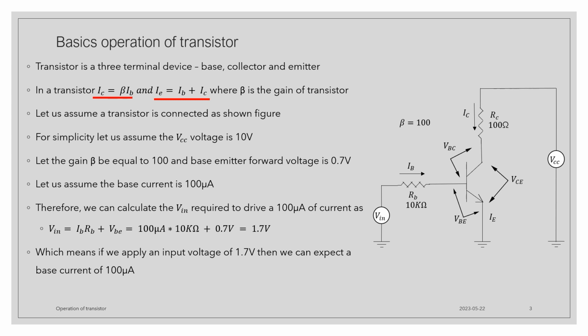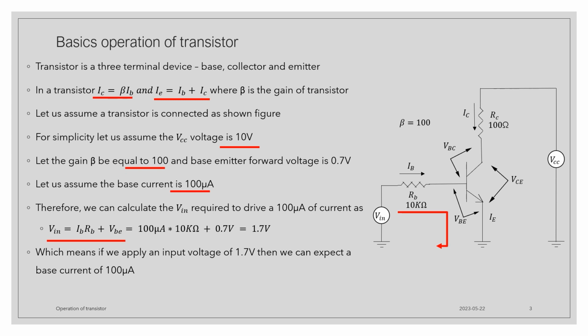Let us consider a small circuit as shown. Let the supply voltage be 10 volts and the internal gain of the transistor beta be 100. Let us assume that the base current is 100 microamps. Using KVL to this voltage path, we can calculate input voltage. Vin is equal to IB RB plus VBE.